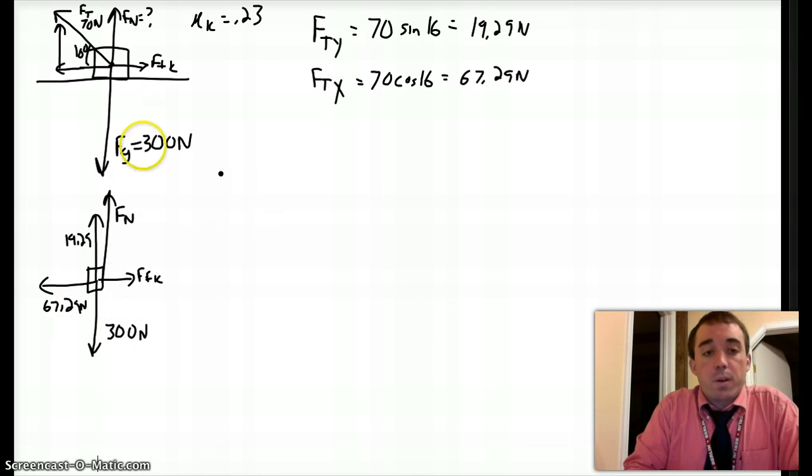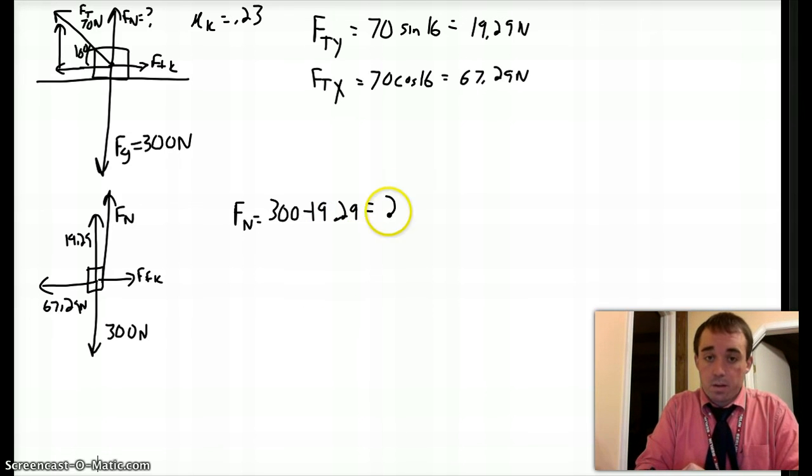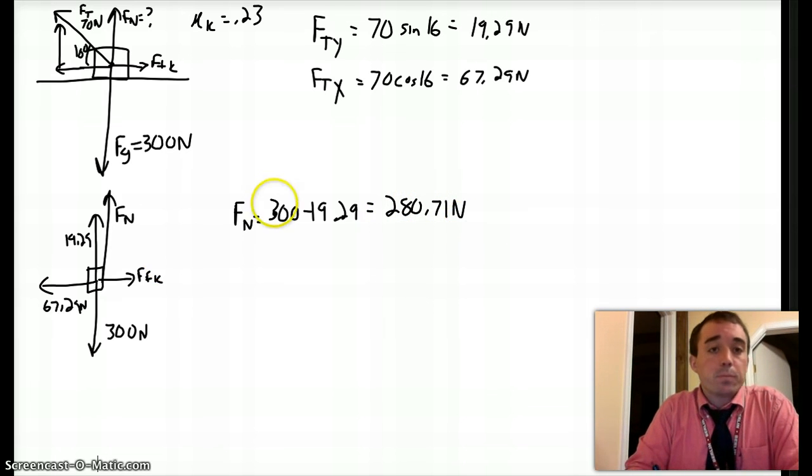Alright, all the vertical forces have to cancel, so we want to subtract the 19.29 from the 300 because that's already taking away some of the 300. So the normal force in this case is going to be 300 minus 19.29, which is 280.71 newtons. Alright, so found that.